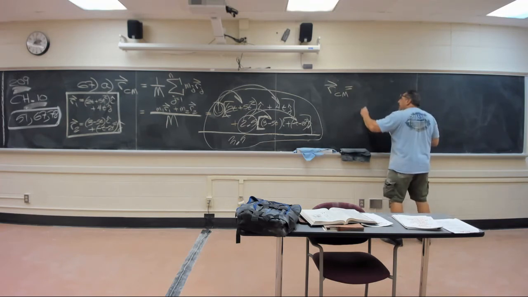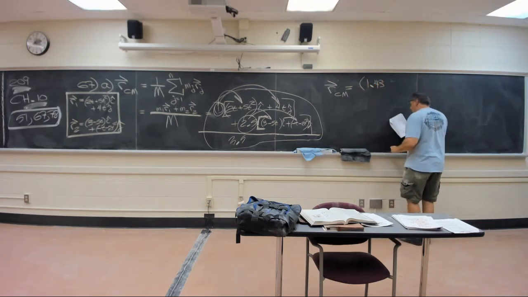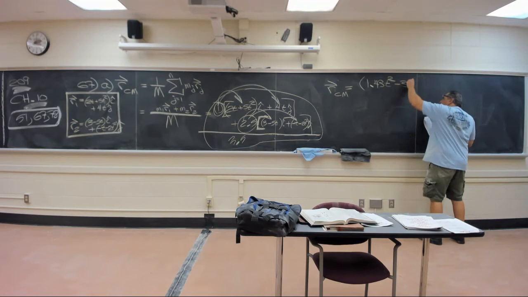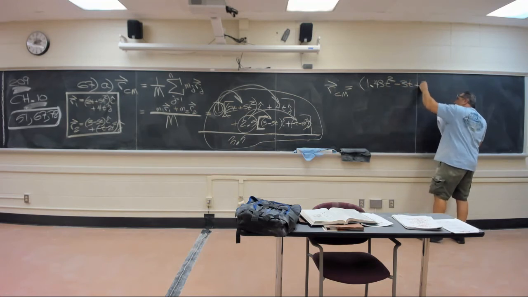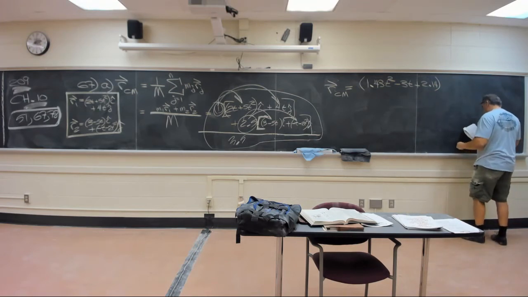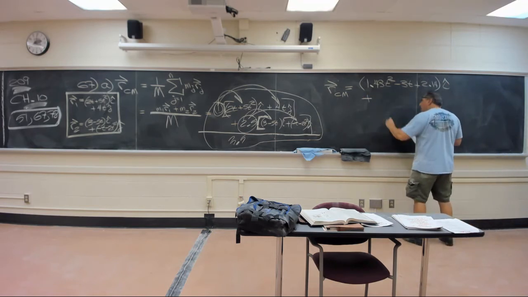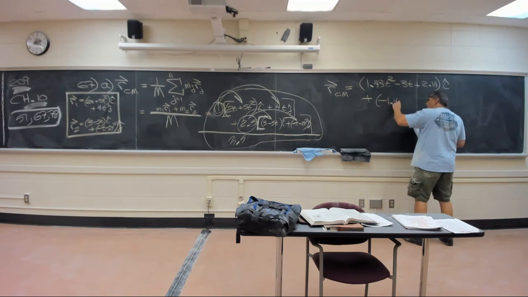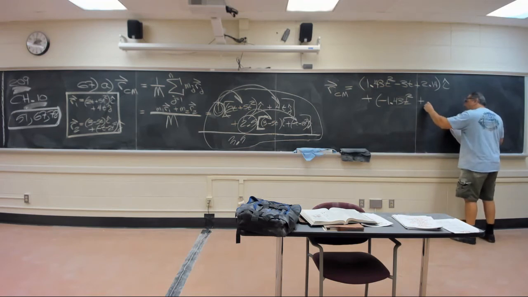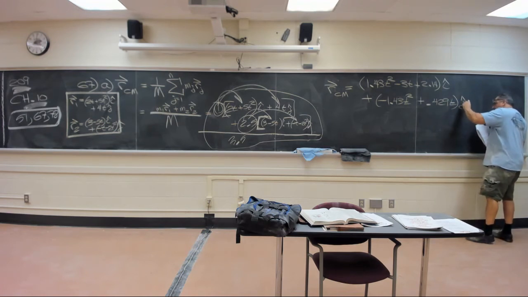But you've got RCM is 1.43 t squared minus 3t plus 2.14 i, plus negative 1.43 t squared plus 0.429 t plus 1 j.